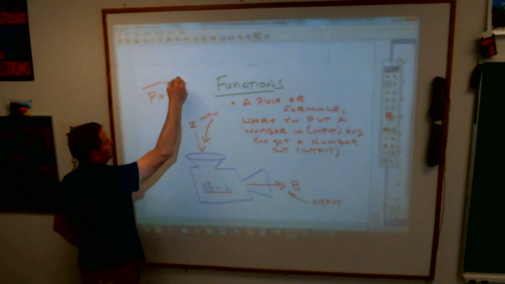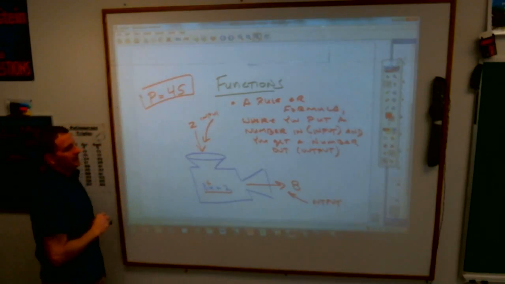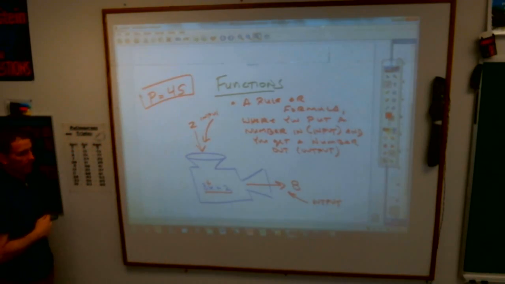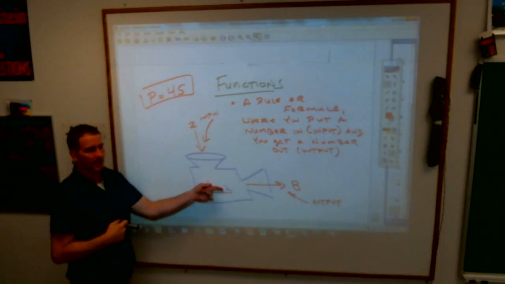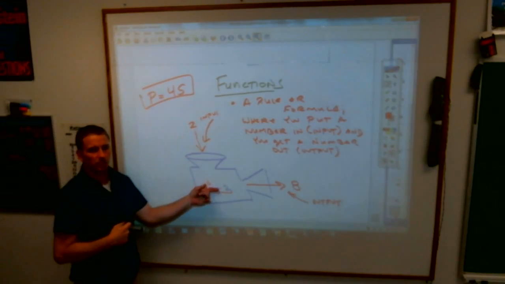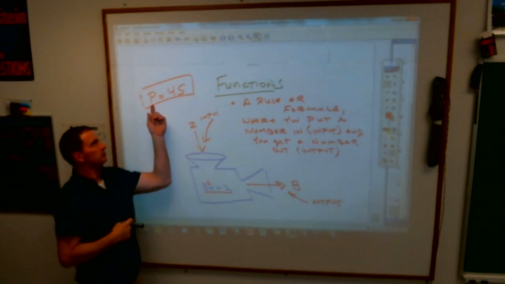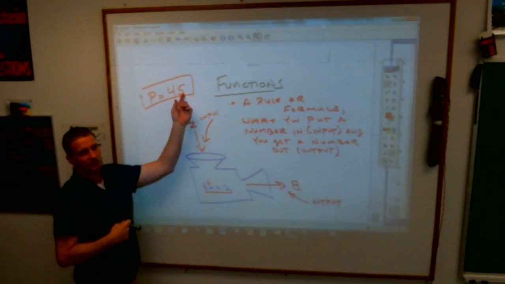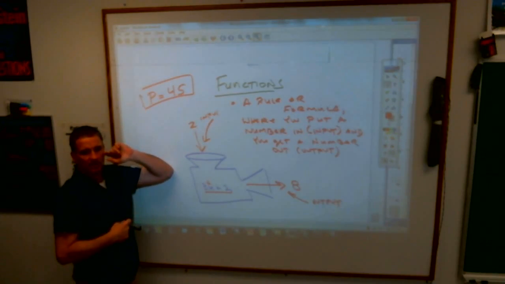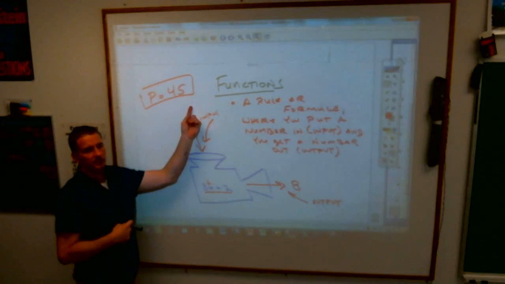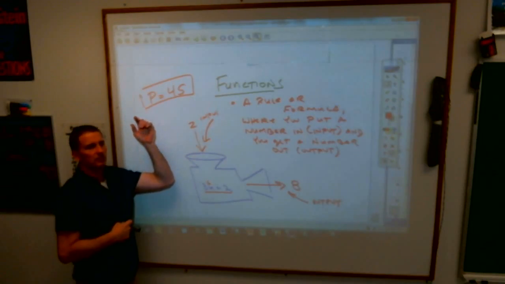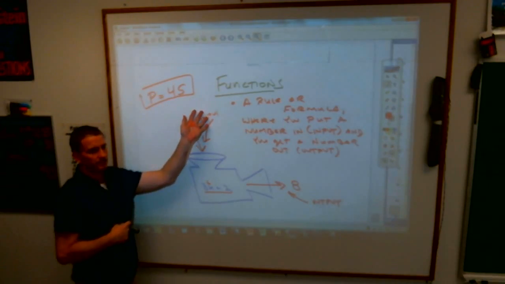Now, here's the question for you. This is your formula. If we look at this as a function, what is the input letter? Is the input letter the P or the S? Usually, do you put the number of sides in to find the perimeter, or the perimeter to find the sides?